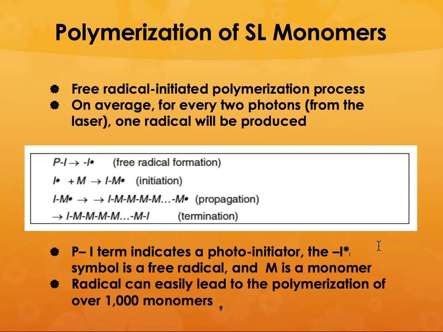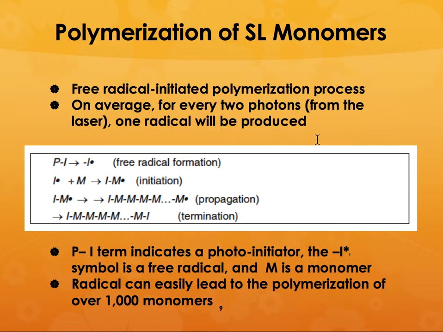So this is a schematic of that whole reaction. So you have a system where it is a free radical initiated polymerization process, and what is the whole purpose of hitting them with a laser beam?